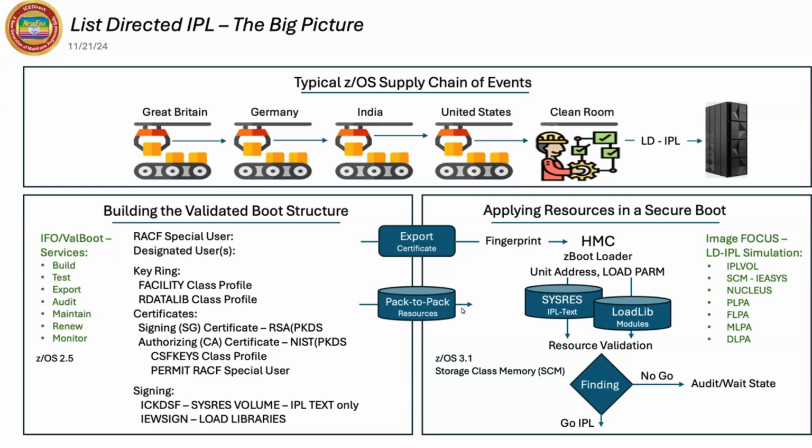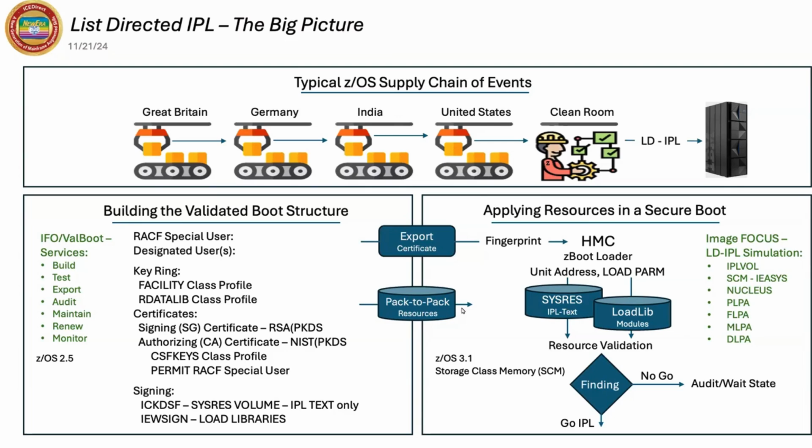And then as that work progresses, those components that they're modifying are signed and can be attributed to them and their work before they are passed on to a production system to be IPL'd using a new component of z/OS 3.1 called the zBoot loader.